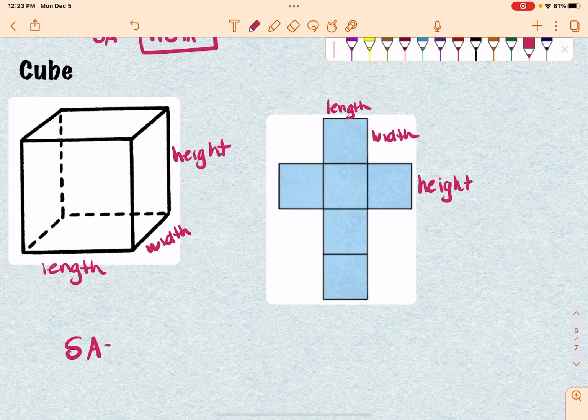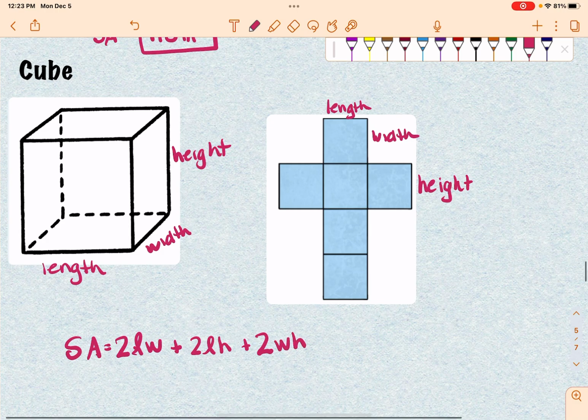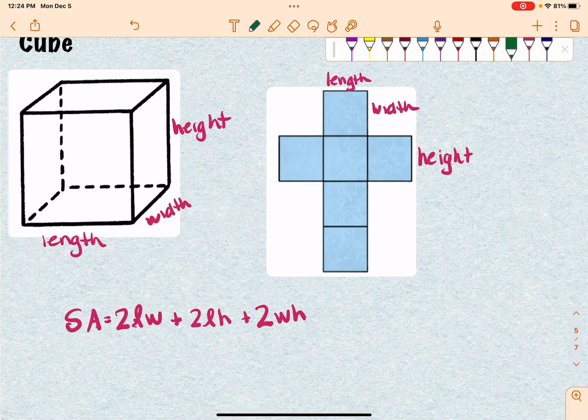So the surface area is 2 times your length and width. And then 2, your length and height, and 2, your width and height. The only good news is they happen to all be the same number. So let's say that we know that this is 8 millimeters.